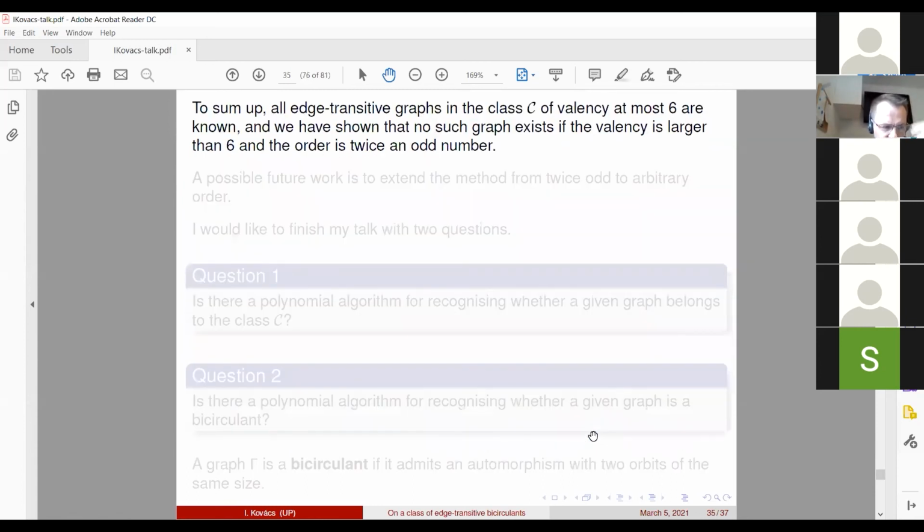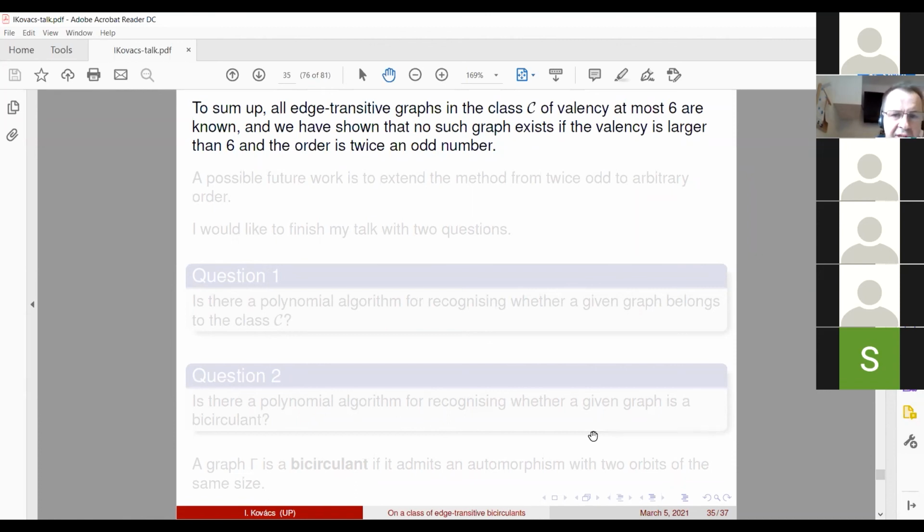To sum up, I would like to summarize my talk. All H-transitive graphs in the class C of valency at most 6 are known. We consider the special class of bicirculants, and we observe that all H-transitive ones of valency at most 6 are known.